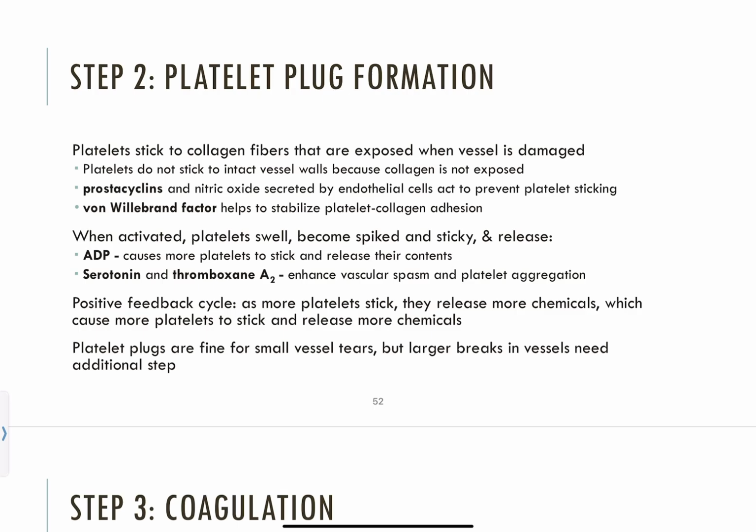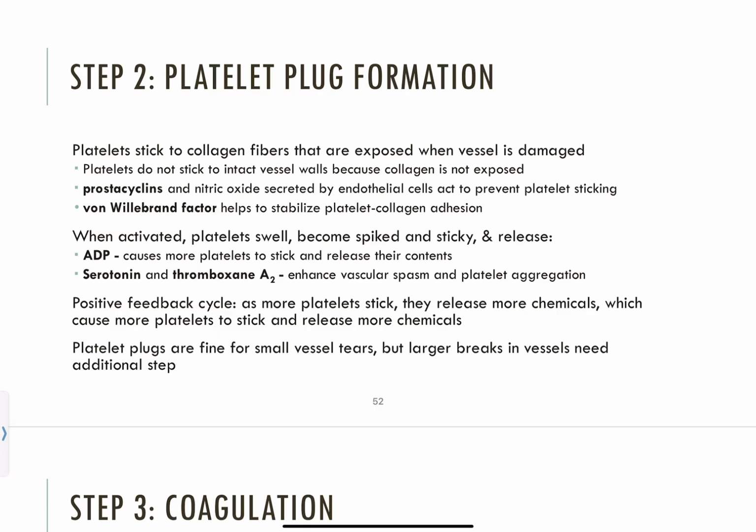So like I mentioned, if we have healthy endothelial cells in the wall of our blood vessels, those are going to secrete nitric oxide and prostacyclin to prevent our platelets from sticking together. However, if we have damage to our endothelial cells, one, they're going to stop secreting those signals, which is going to start to cause our platelets to aggregate or clump together.